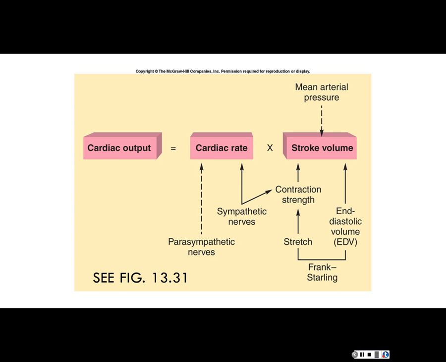The sympathetic nervous system causes those pacemaker cells to depolarize more frequently. By contrast, the parasympathetic nervous system causes the cells to hyperpolarize, so they're not generating activity. So the sympathetic nervous system does what to heart rate? Increases. The parasympathetic nervous system decreases. And hence the dashed line. Inhibitory.